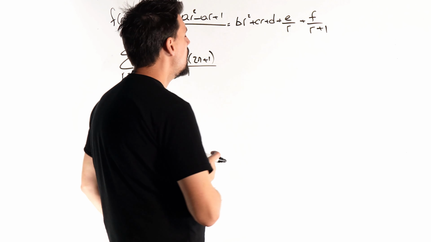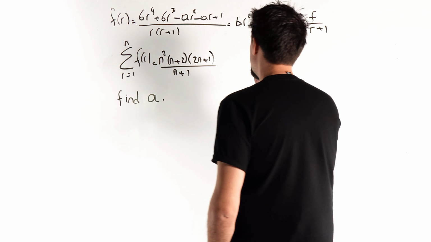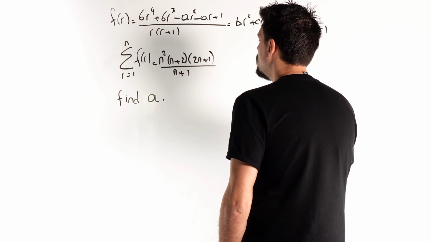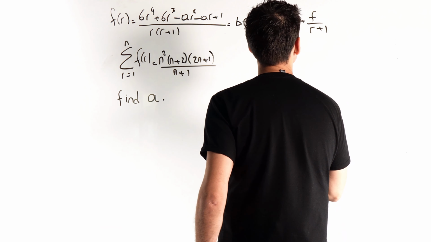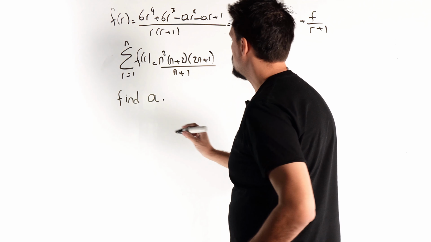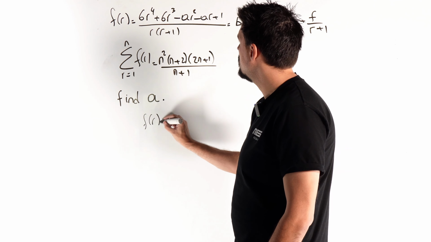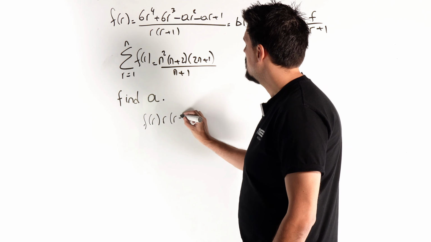And what we are going to do is try and find all the missing things. So I'm going to multiply it all up. I end up with f of r times r plus 1.